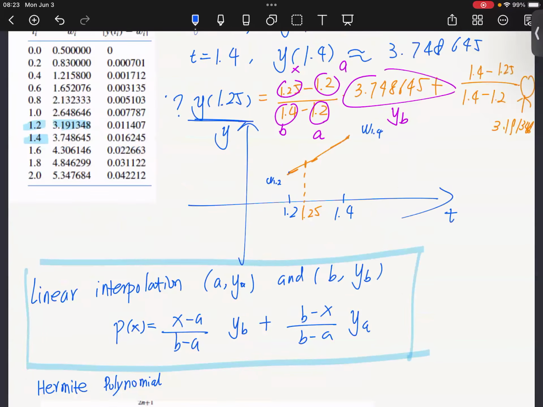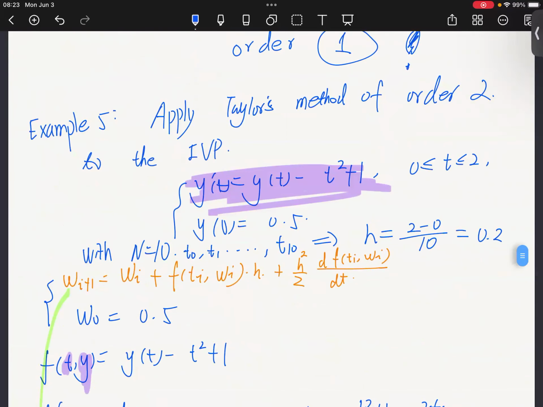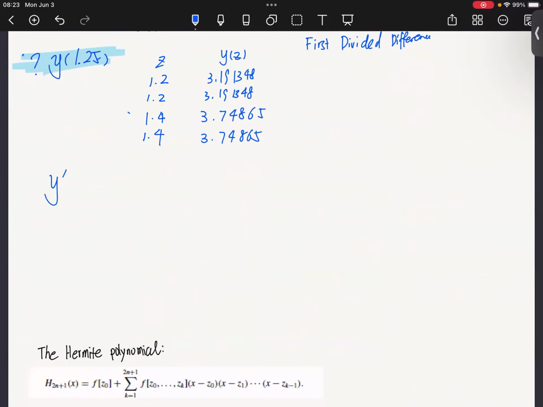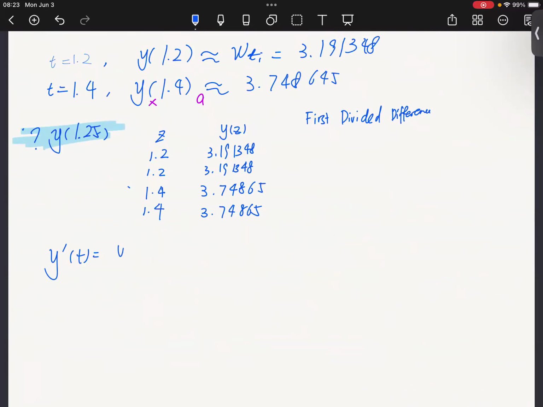Let's go back to our question statement. This is example 5, and the question is solving the IVP problem. The Y derivative equals Y minus T squared plus 1. So which means that Y prime T equals Y(T) minus T squared plus 1. So we can approximate the Y prime at Ti, the derivative evaluated at the nodes Ti, by Wi.